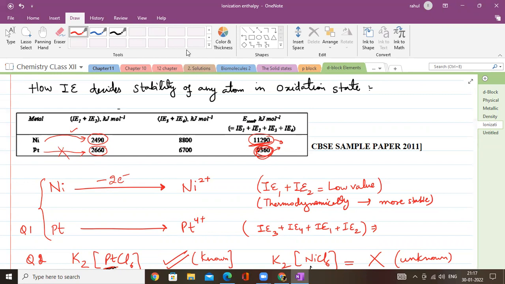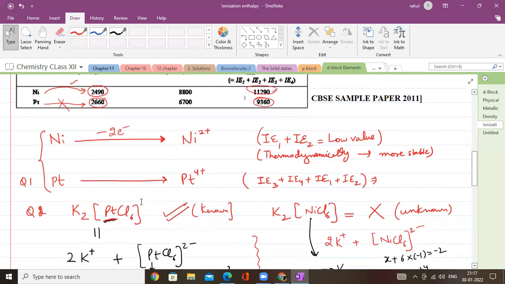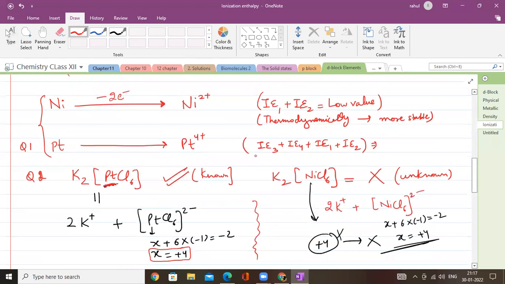That value is how much? 9360. This is the sum of 4 ionization energies for platinum, which is of course very low in comparison to that of nickel. So can I say platinum is stable in plus 4 oxidation state? The sum of 4 ionization energies of platinum has a lower value.